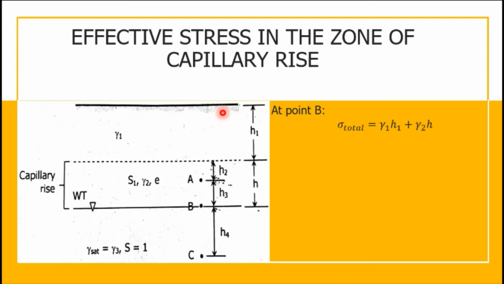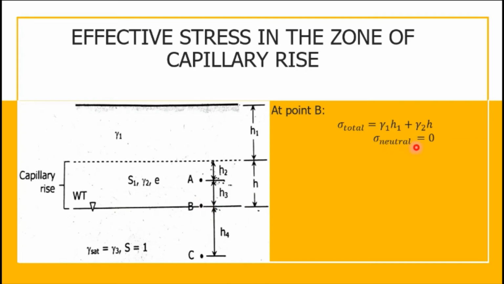So, at point B, the neutral stress is equal to 0 already, kasi nasa groundwater table siya. Di ba, the formula for the neutral stress is equal to negative degree of saturation multiplied by the unit weight of water multiplied by the height from the groundwater table of that certain point. So what is the height from the groundwater table of point B? That would be equal to 0.